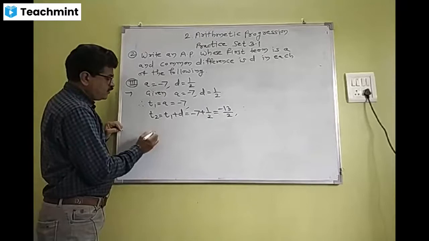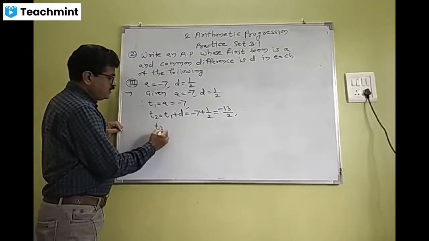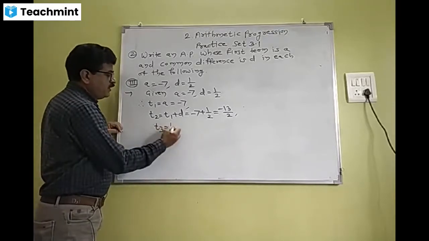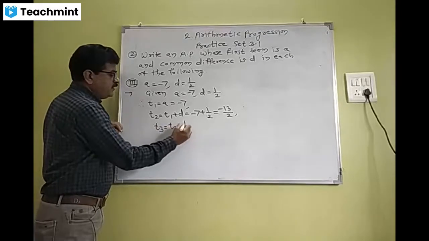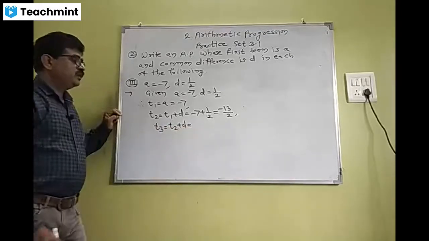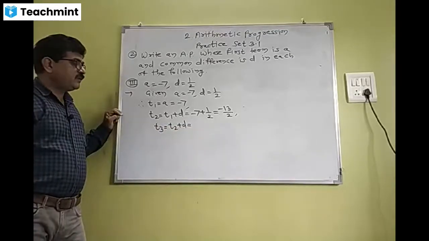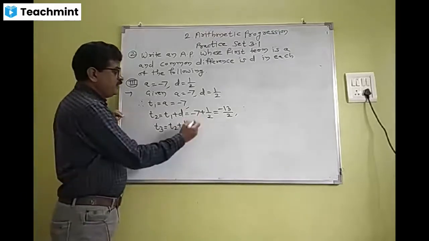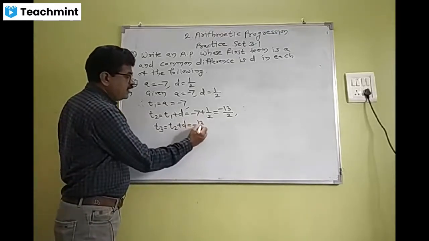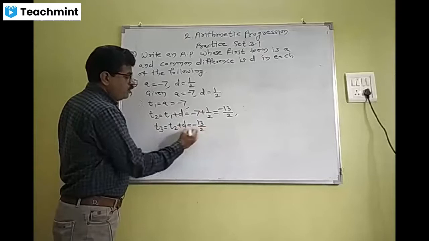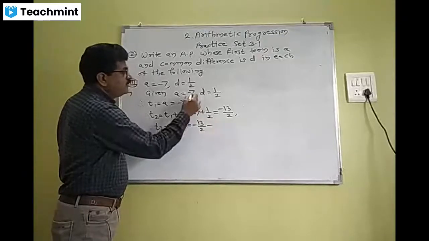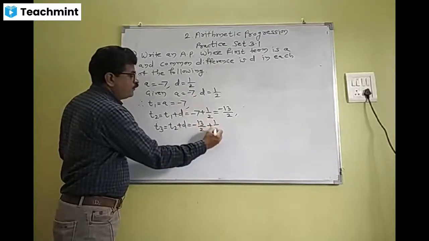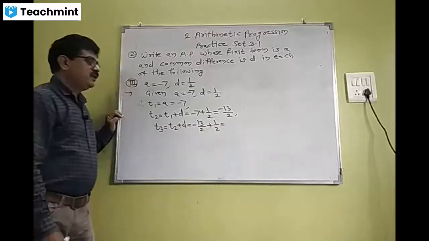T3 is equal to T2 plus D is equal to, value of T2 is minus 13 upon 2 plus D is 1 upon 2 is equal to.